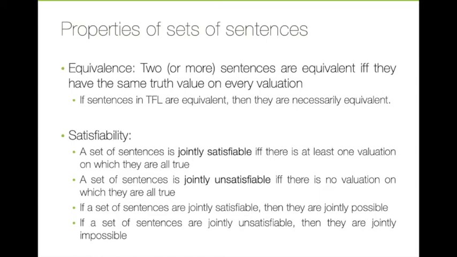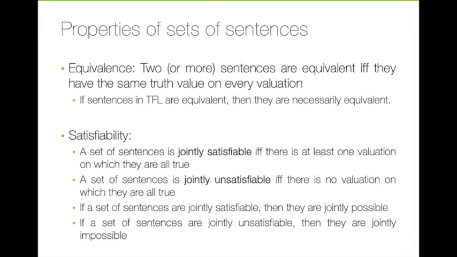So that tells us we have to look at each of the rows, each of the valuations, and there has to be at least one row where every sentence is true. A set of sentences is jointly unsatisfiable if there is no valuation on which they are all true together. So that means there's no row where we see true in every sentence column.